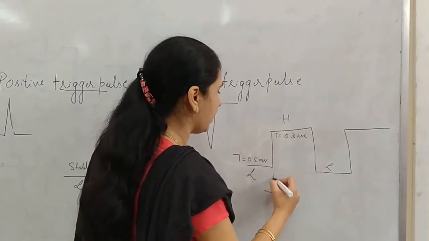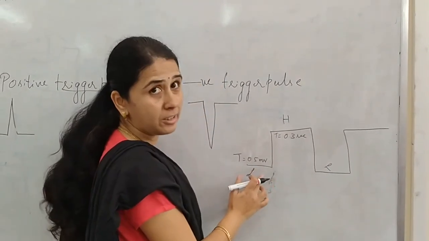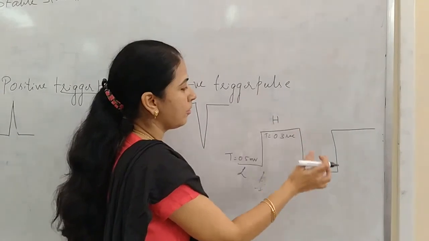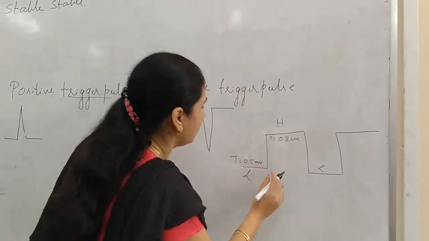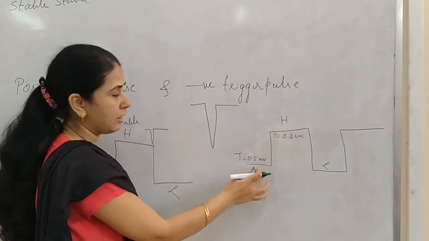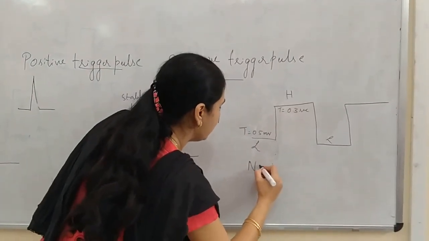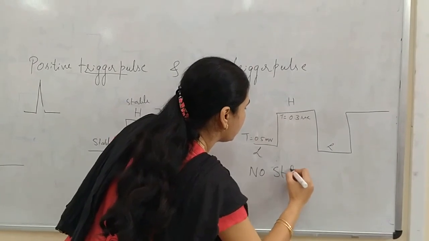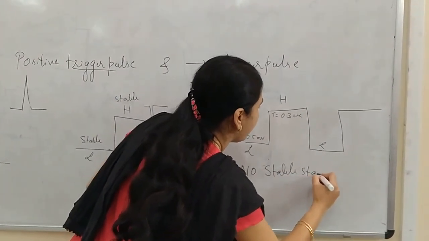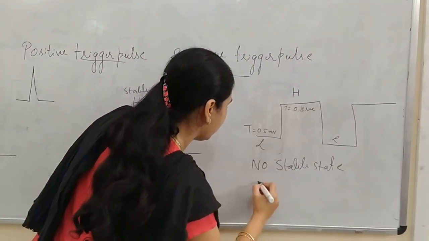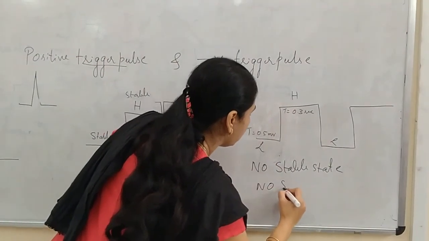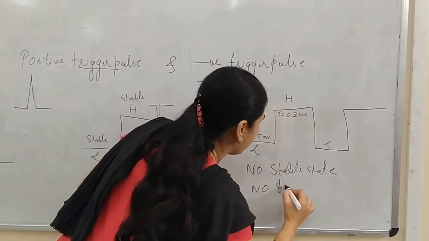It doesn't require any trigger pulse for making a transition from low to high or from high to low. Since it is not waiting for a trigger pulse to make a transition, it doesn't have any stable state, no stable state, and it does not require any triggering pulse.